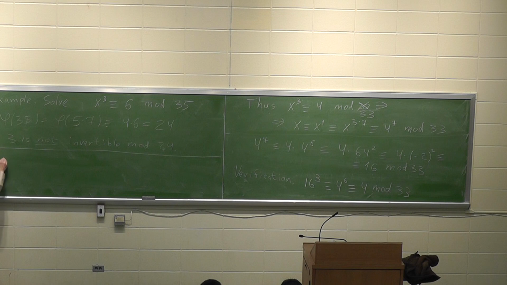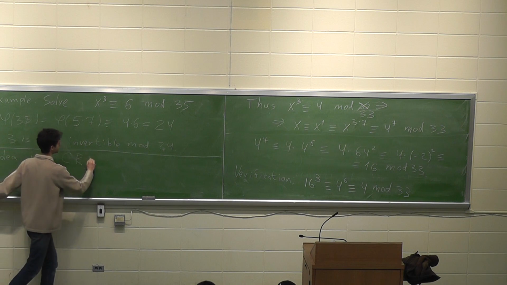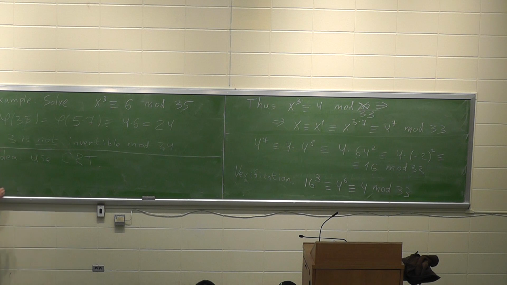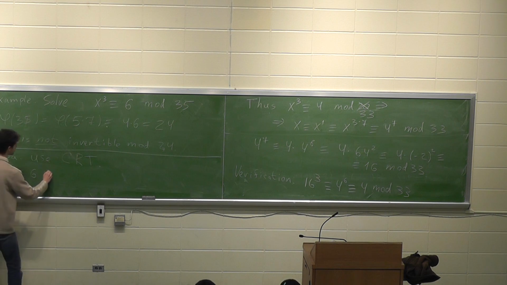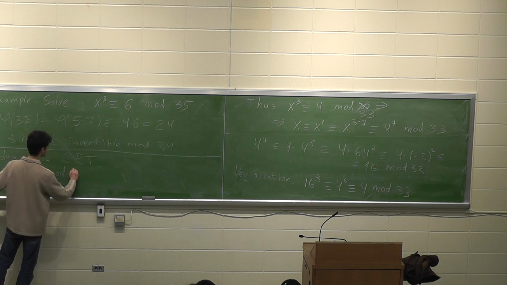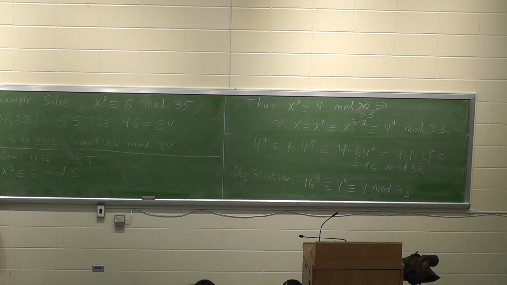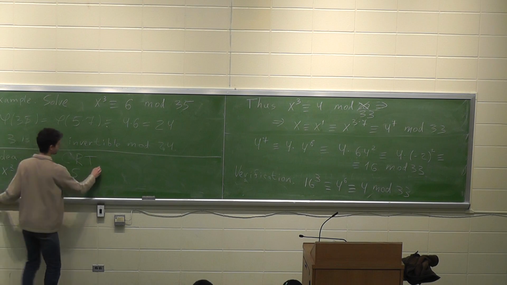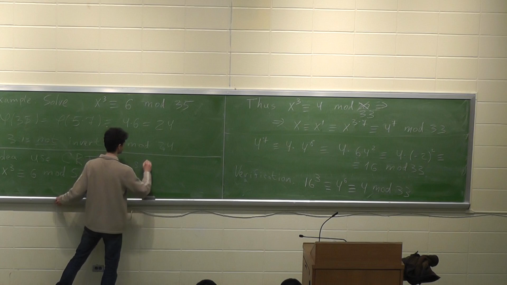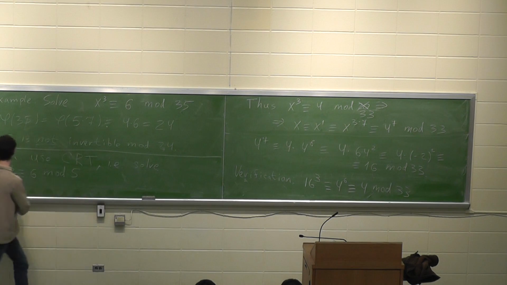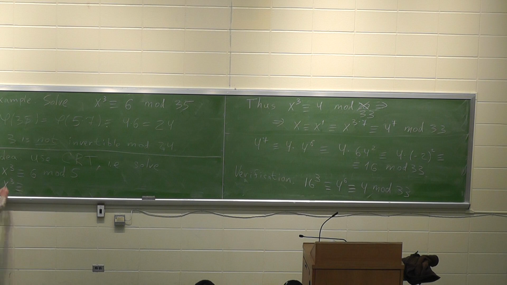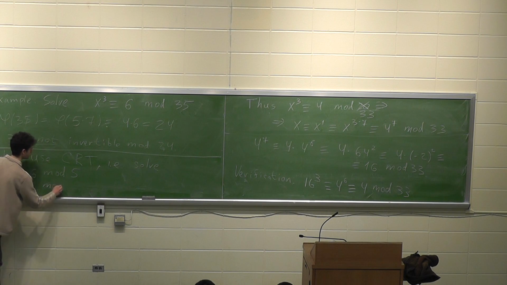So, idea: we will first solve x cubed is congruent to 6 modulo 5 and modulo 7. So these two congruences: x cubed is 6 modulo 5 and x cubed is 6 modulo 7.